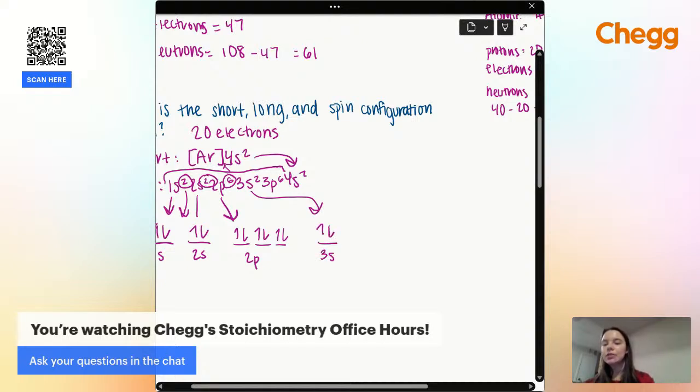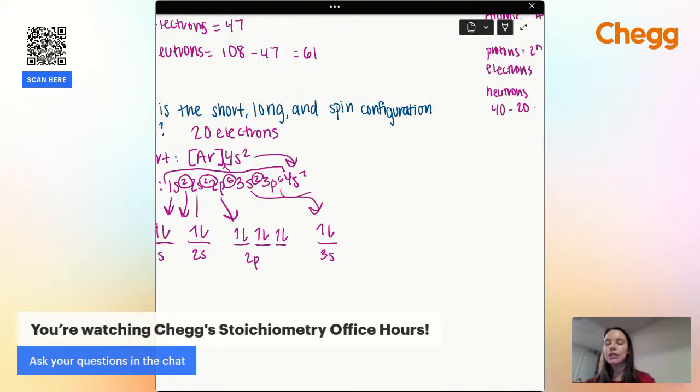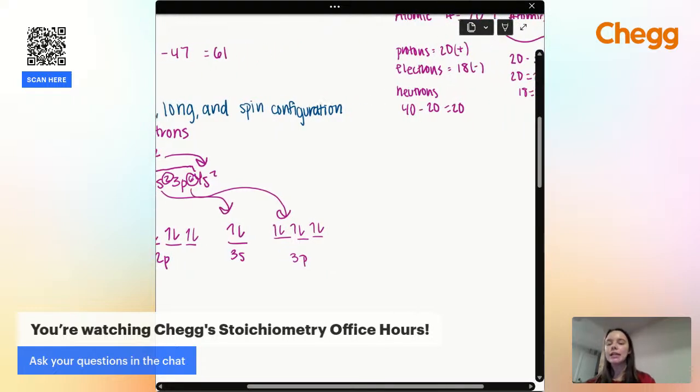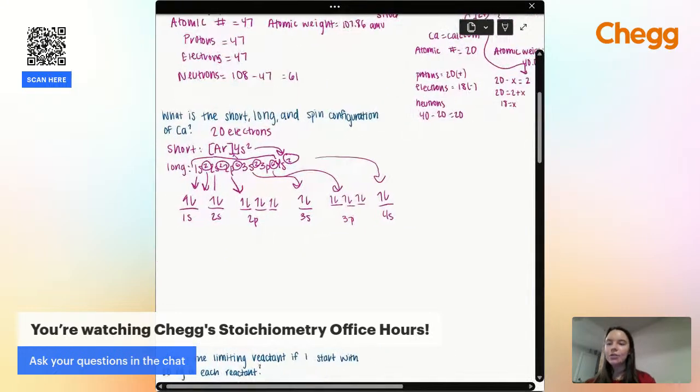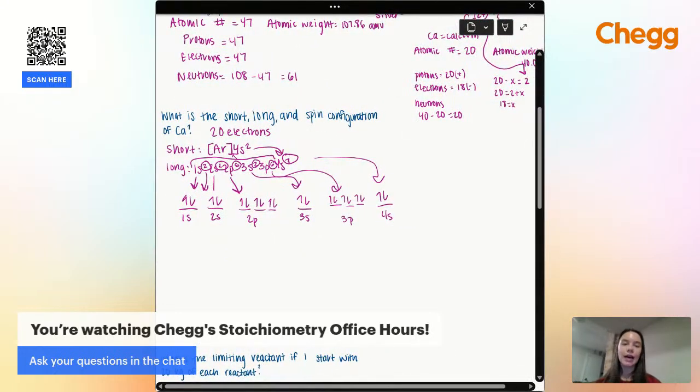Up, down, 2 arrows, 2 electrons. 3p6, up, up, up, down, down, down, 6 electrons, 6 arrows, and then last but not least, 4s, up, down, 2 electrons, 2 arrows. So that is our spin configuration of calcium.